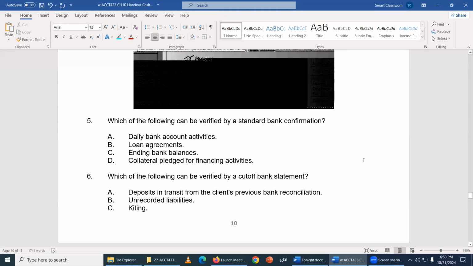Which of the following can be verified from a standard bank confirmation? Ending balances? Yep. Two other ones. Yep.